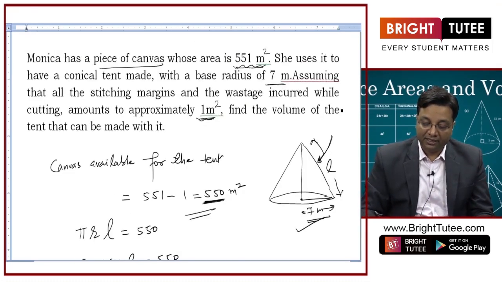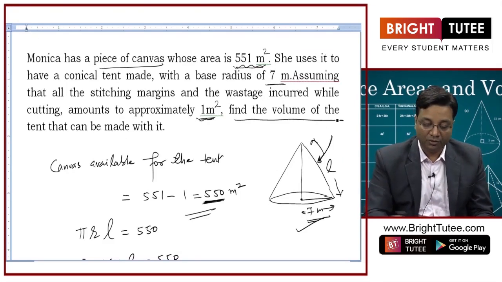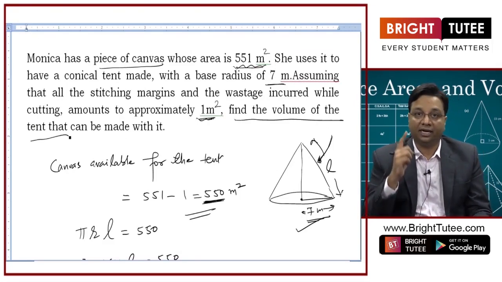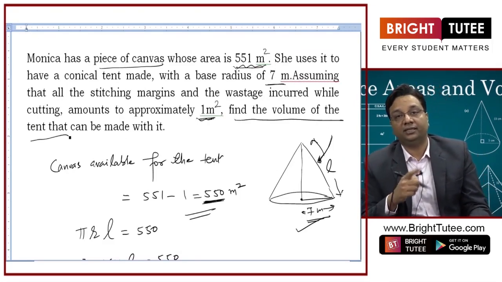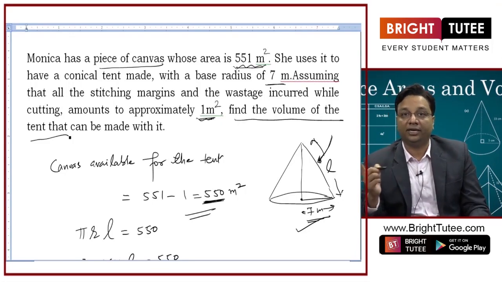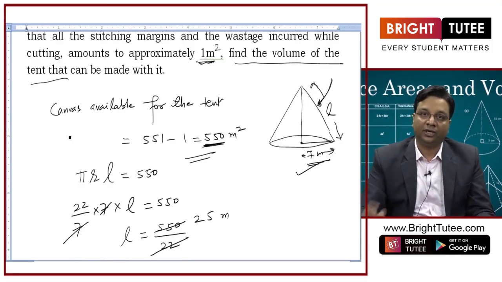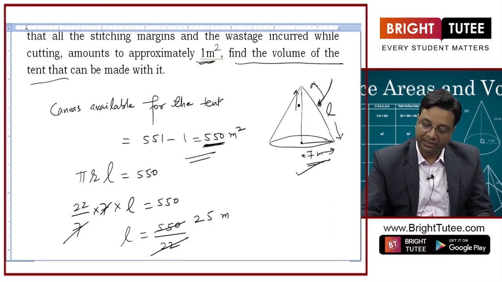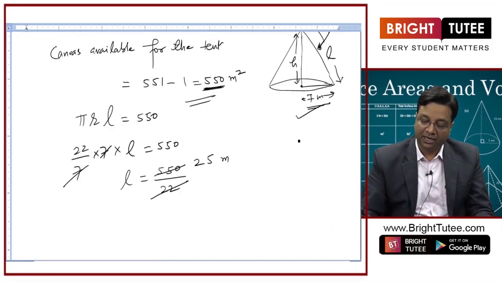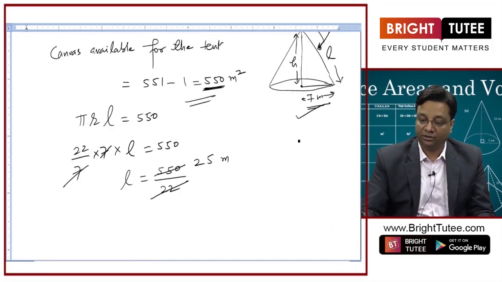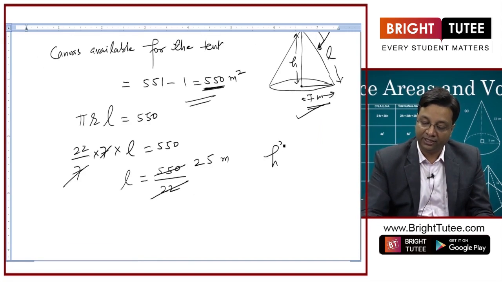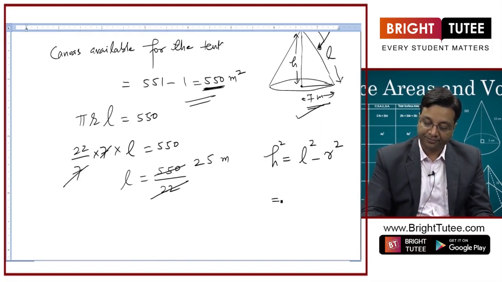Once I get the slant height, now I need the volume of the tent. So I would require the height also, because the formula is 1 by 3 pi radius square into height. So I need the height. Let h be the height. So what I'll do is I'll apply Pythagoras theorem to obtain height. h square is equal to L square minus r square.